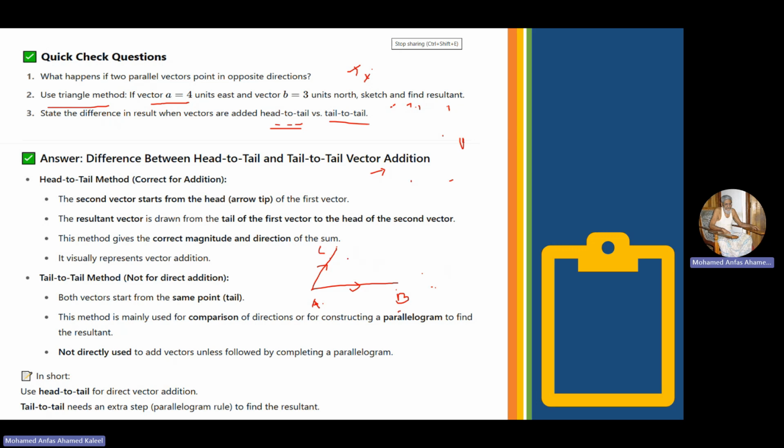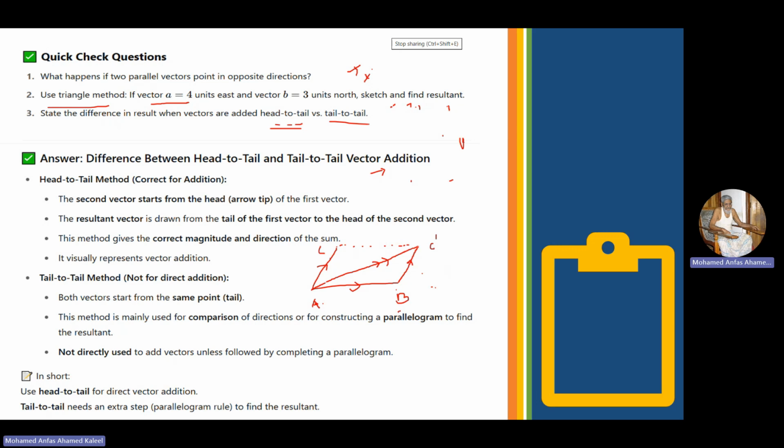In this case, we draw a vector parallel to this, like AC, let's say C dash. Then as per the triangle rule we can derive this resultant vector. This is the vector parallelogram theorem.